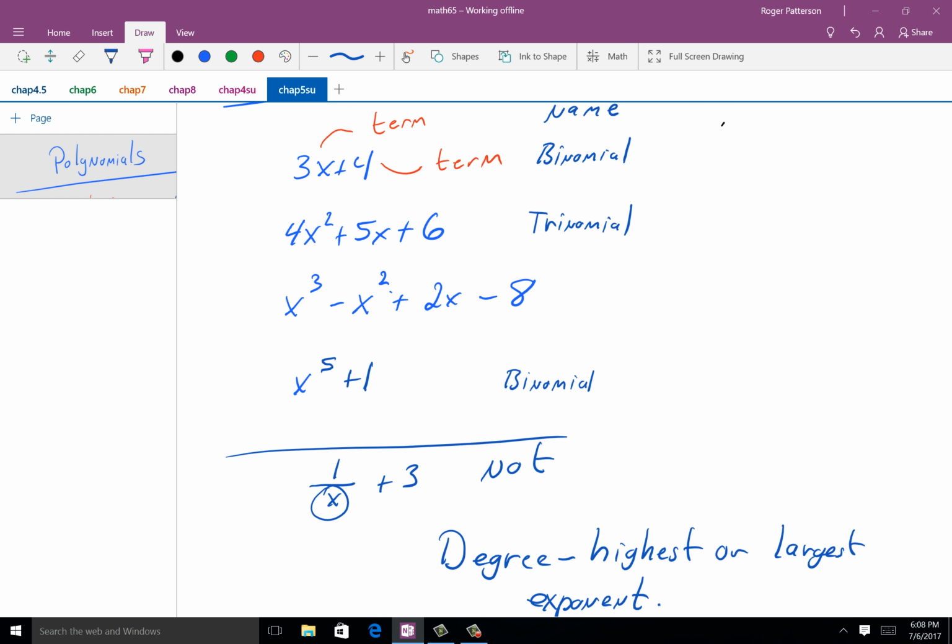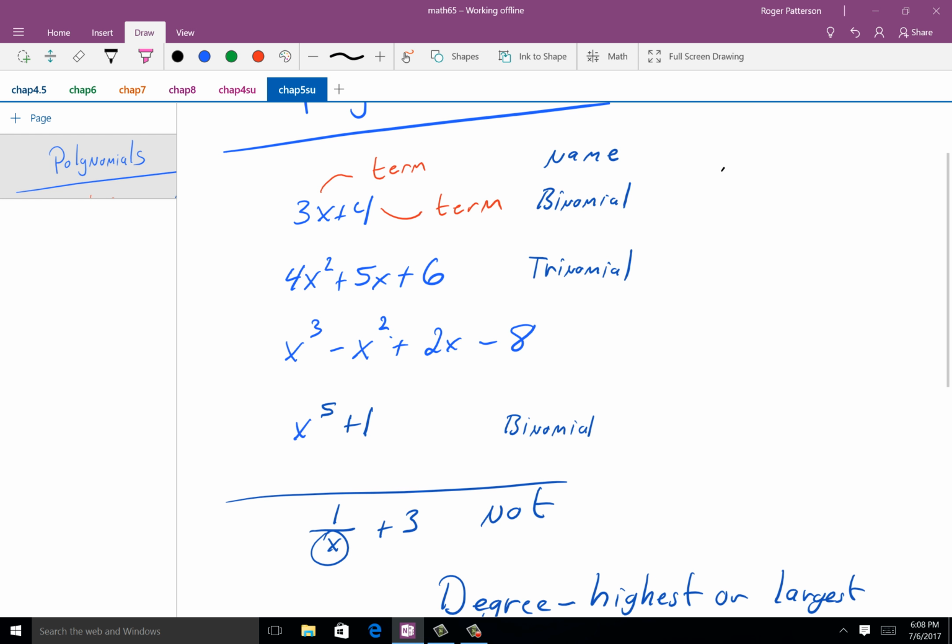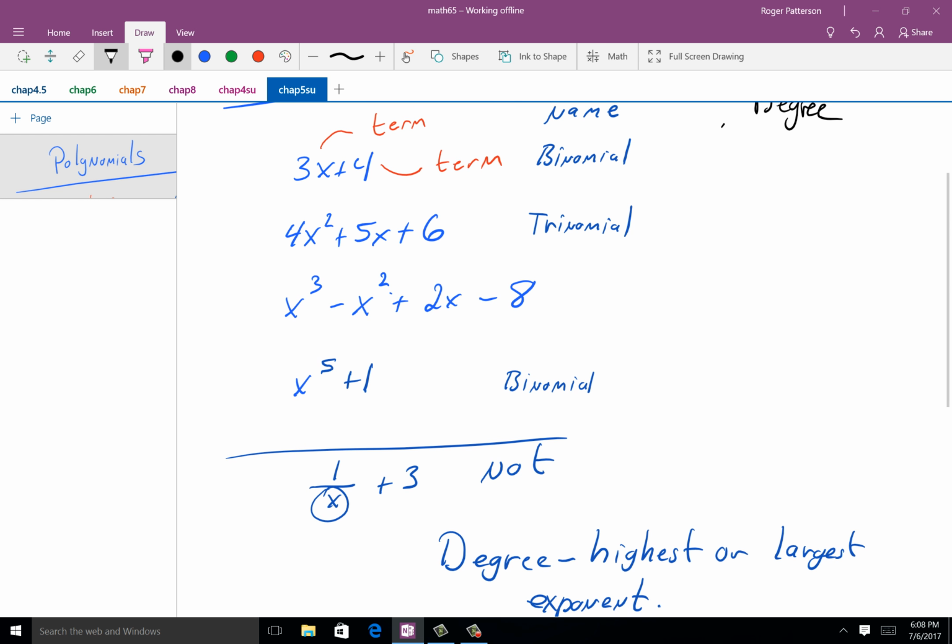So, the degree of these, all right? So the first one, this one is a first degree polynomial because the power on the variable is 1. So that would just simply be a first degree.